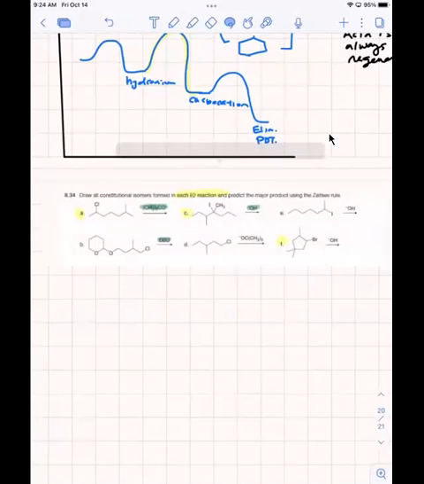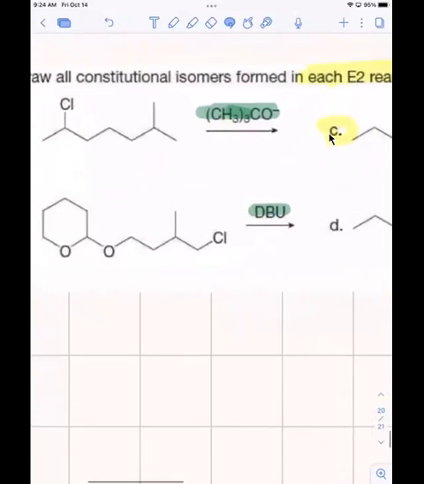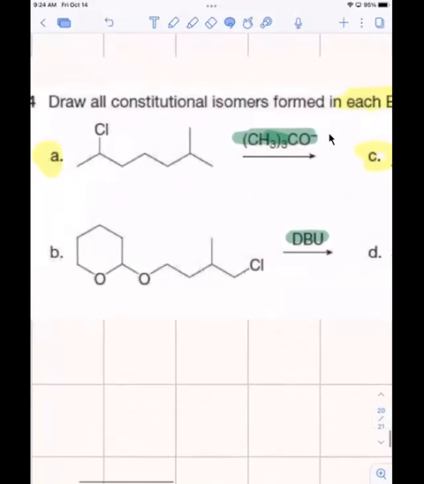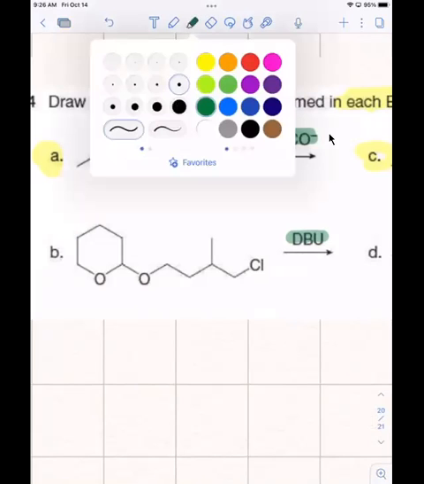So let's take A. First of all, where's the leaving group and where are the alpha positions? Those are the two things you have to be able to identify up front to do elimination. So where's my leaving group? The chlorine. Good.